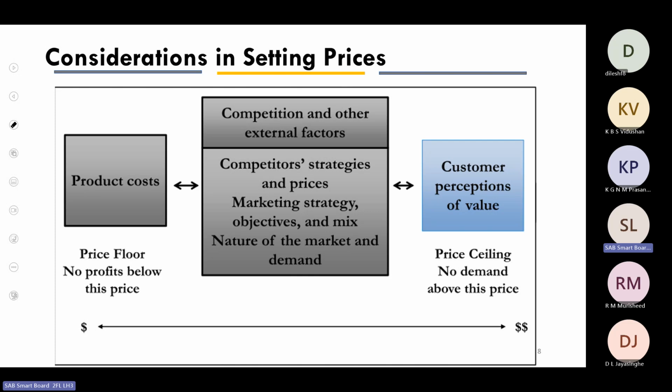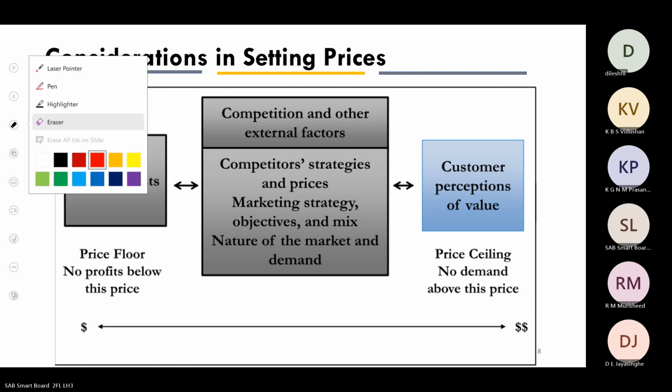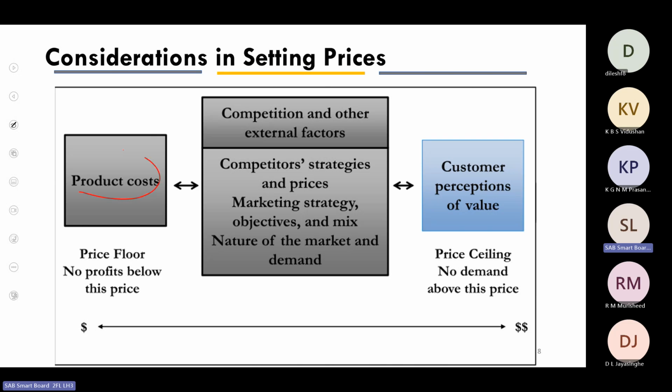Below this product cost, right, we may not have profits. We call it the price floor, or the minimum price level which we can charge. So if we take the demand curve, you know these things.